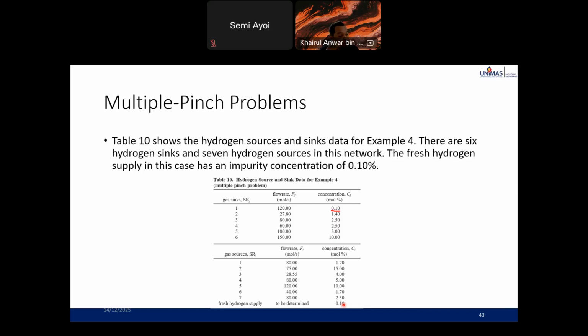There are 6 hydrogen sinks and 7 hydrogen sources in this network. The fresh hydrogen supply in this case has a purity of only 91%. Using GCA, the minimum fresh supply is found to be 2.96 moles per second, in table 11.